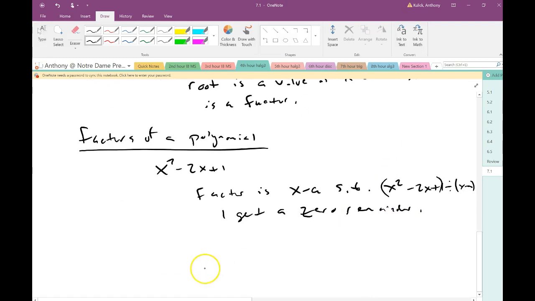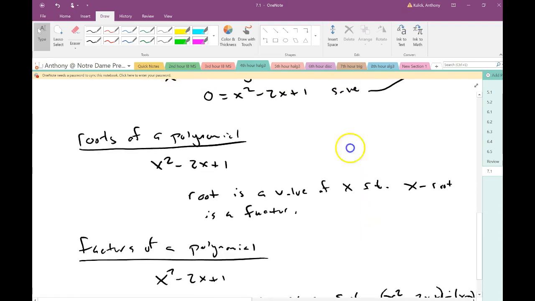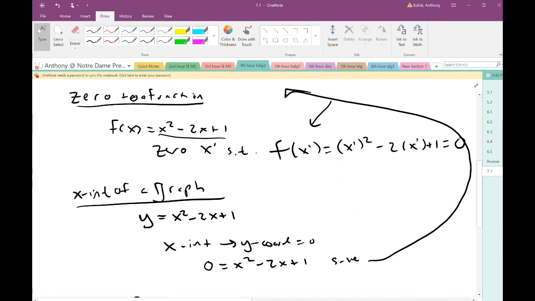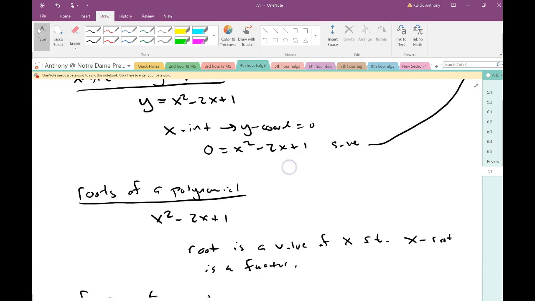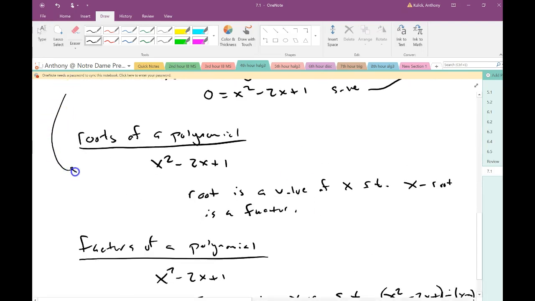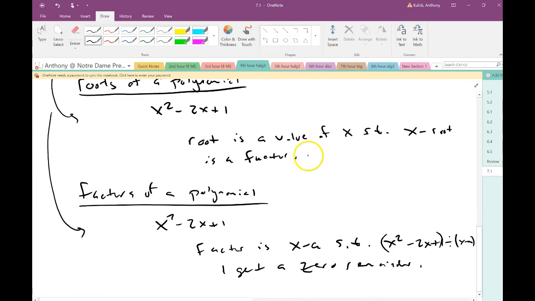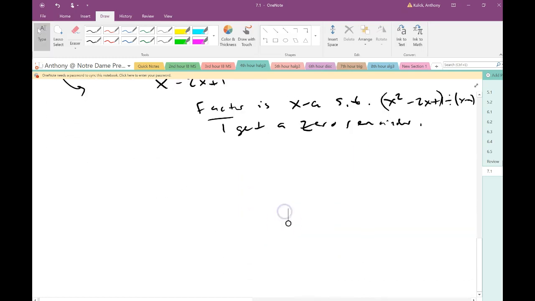Well, it turns out that I can take an x-intercept or a 0 or a solution, and I can translate those x's into a root or a factor. And then you see that there's not much difference between roots and factors. So that's one of the big ideas that we're going to be using here.